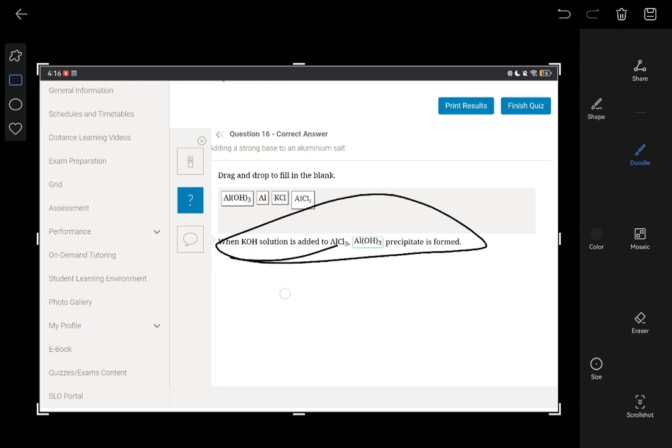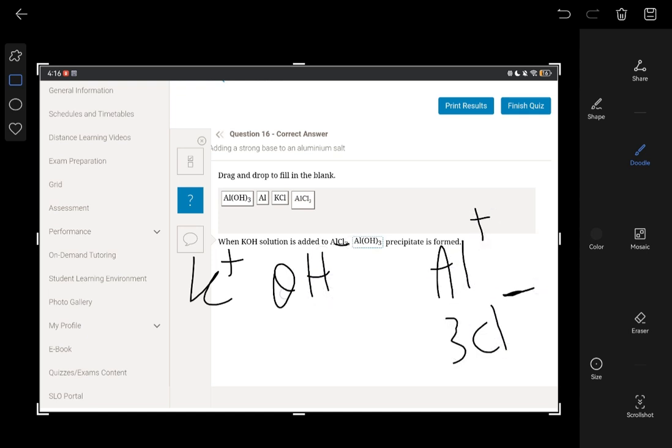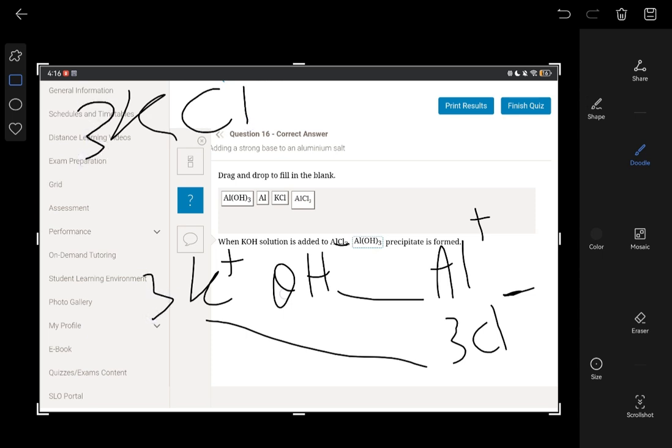So you have K plus and OH minus in one, and Al3 plus and 3Cl minus in the other. Just mix them. So it's going to be KCl, and we'll add the 3 here and the 3 here, and you get Al(OH)3.